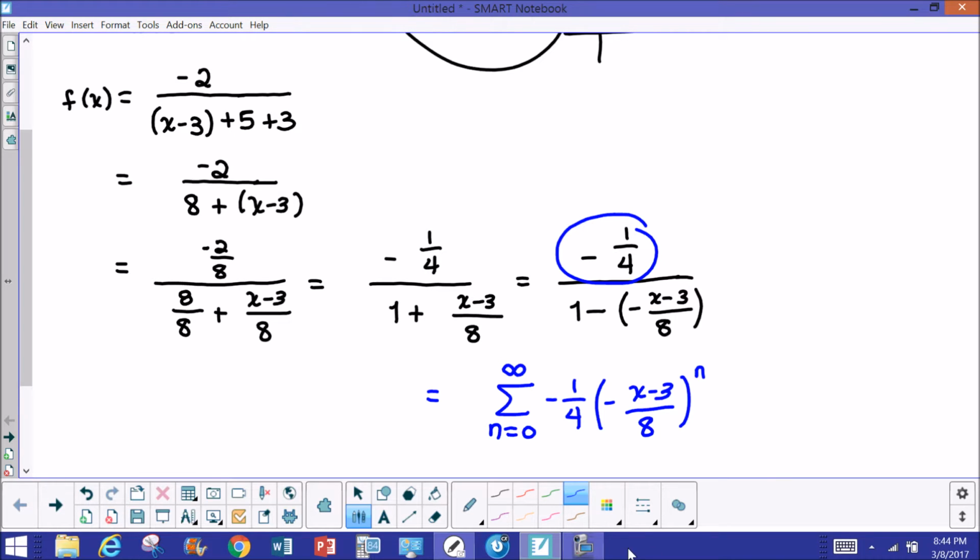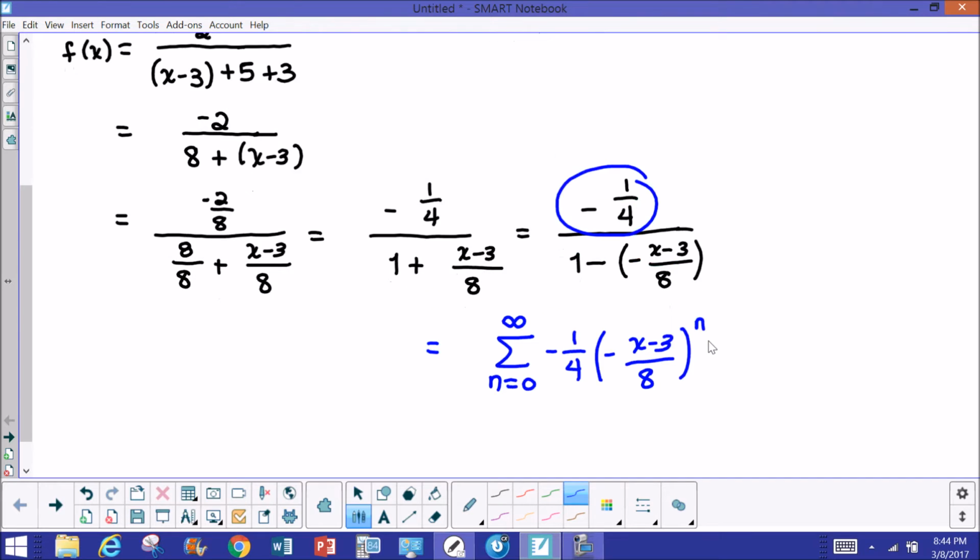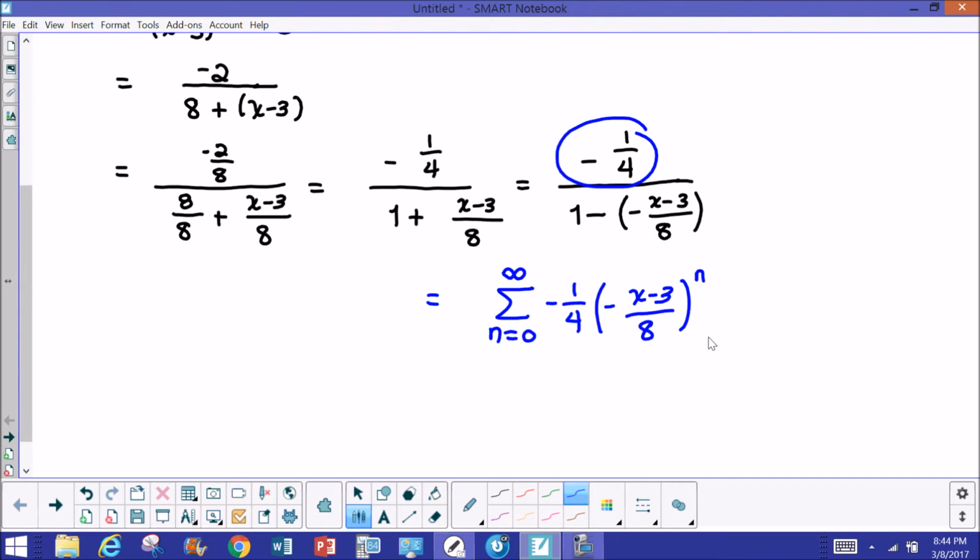That sort of completes the initial look of our power series, although quite often, when you see a negative within the quantity that's raised to the nth power, you can extract a -1 to the nth. What that essentially does is give the power series more of an alternating look to it.